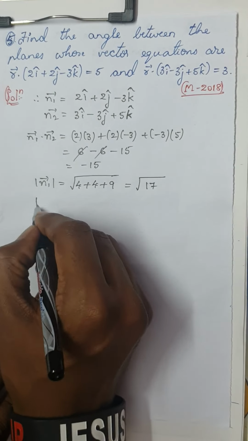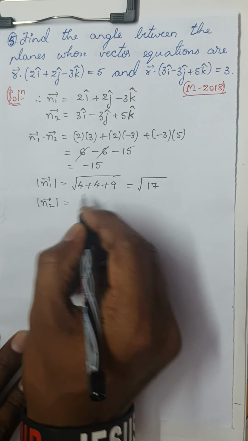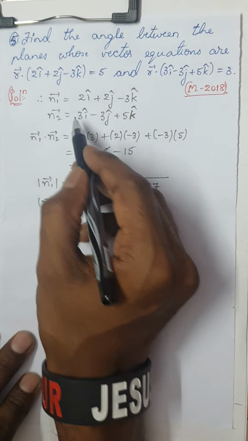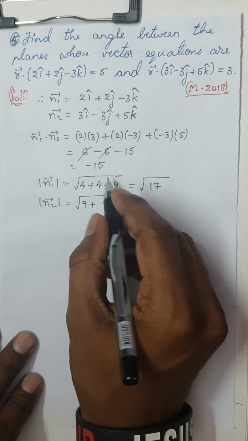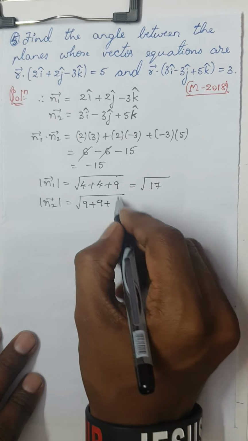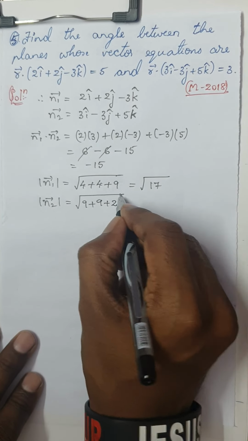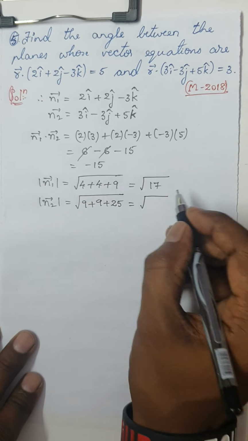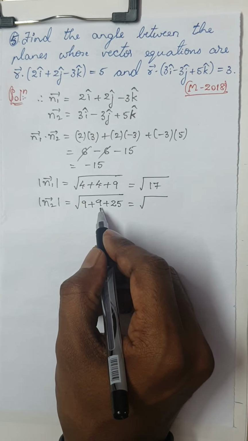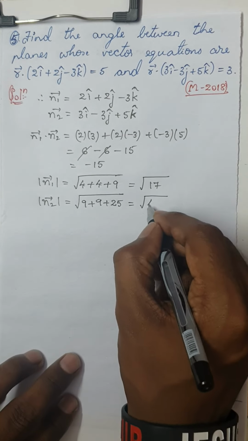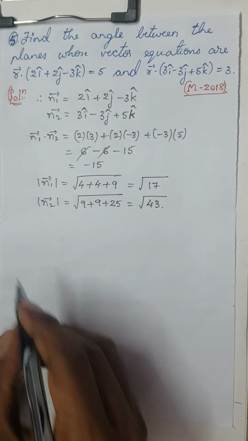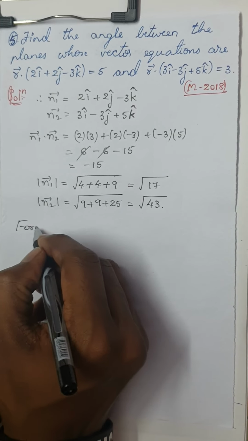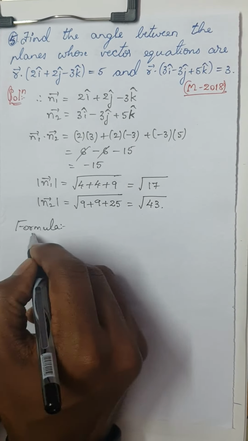Similarly, magnitude of vector n2 is the square root of 3 squared, that is 9, again 3 squared, that is 9, and 5 squared is 25. So this is nothing but square root of 9 plus 9 is 18, 18 plus 25 is 43.